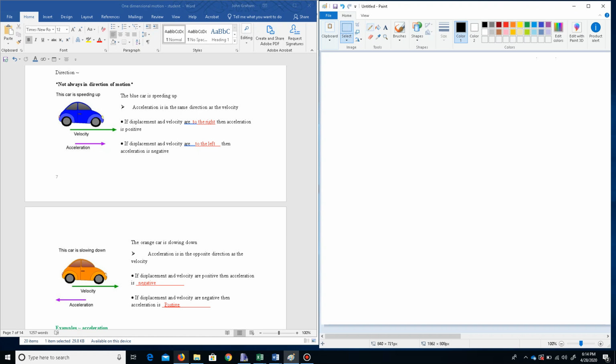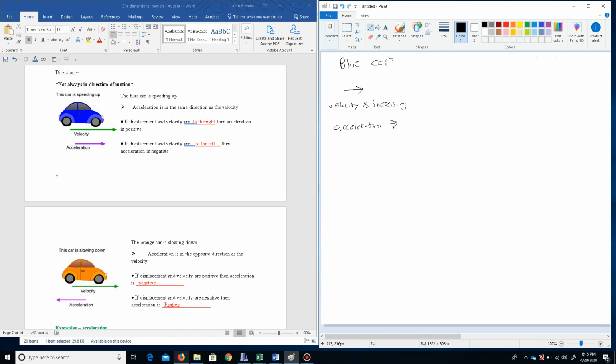So first of all, for this blue car, we're going to look at a car that's speeding up. And so the car is moving to the right. It's speeding up, so its velocity is increasing, and so its acceleration is going to also be to the right.